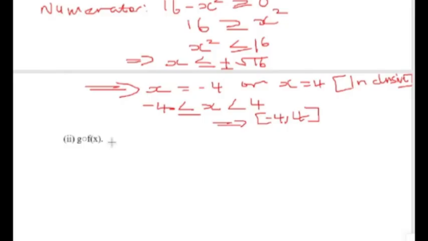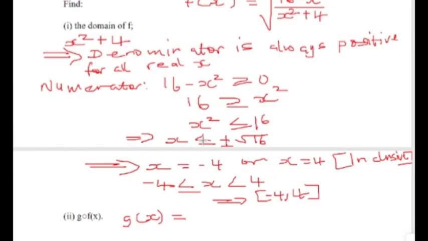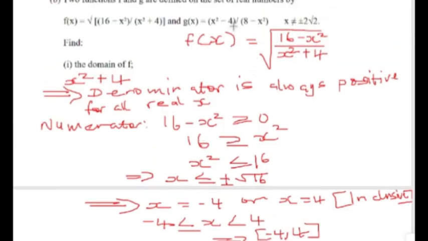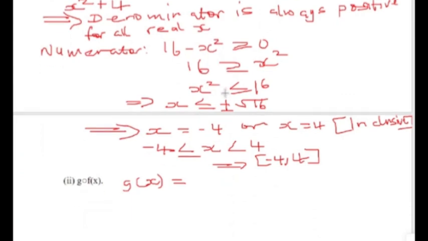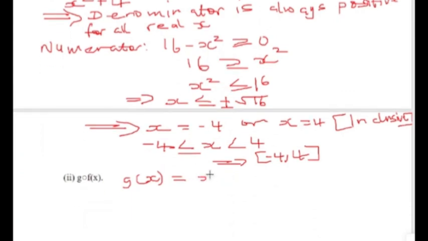So first of all, let's write the function g(x). Function g(x) is x squared minus 4 over 8 minus x squared. So we have x squared minus 4 divided by 8 minus x squared.